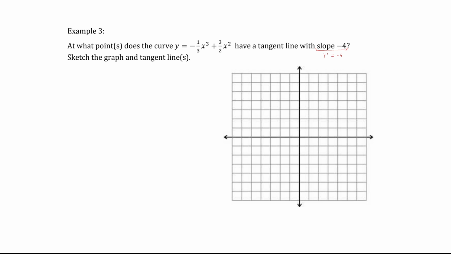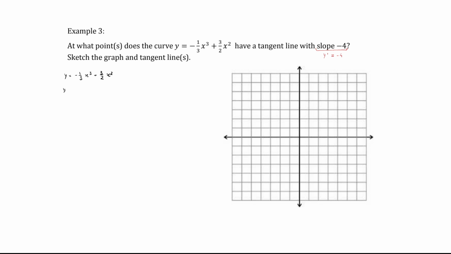And so those are the points that we want to find. But in order to do that, first we need to know what the derivative is. So starting with our function here, y is equal to -1/3 x cubed plus 3/2 x squared, let's take the derivative.